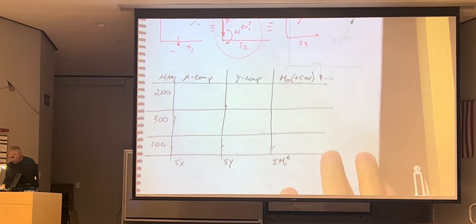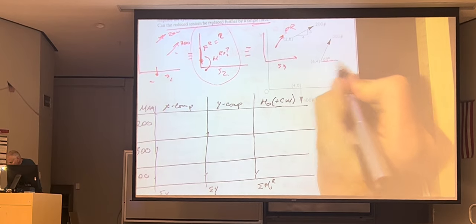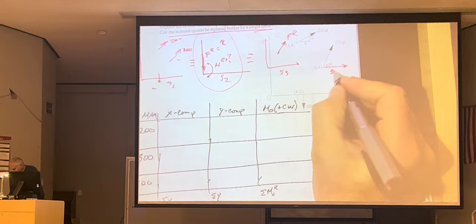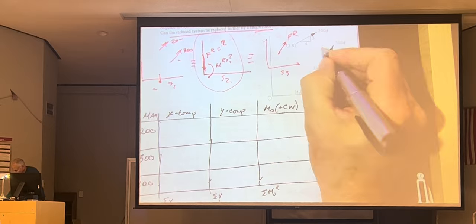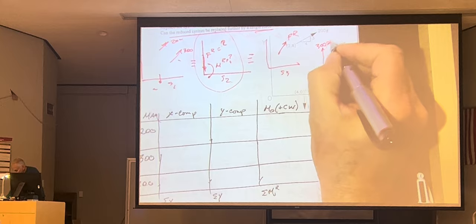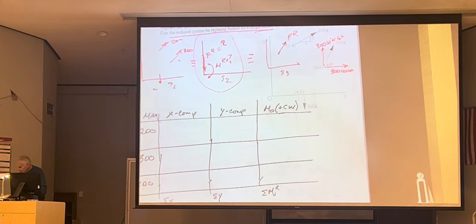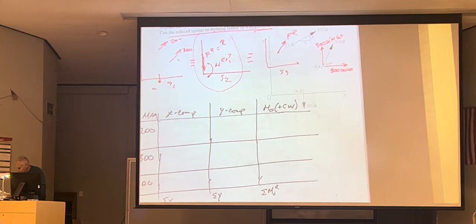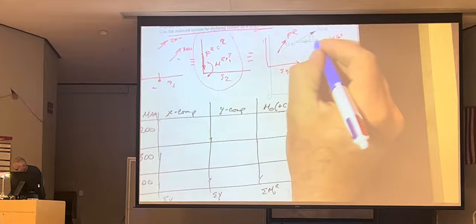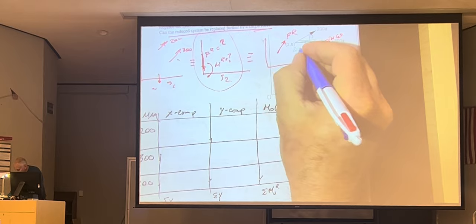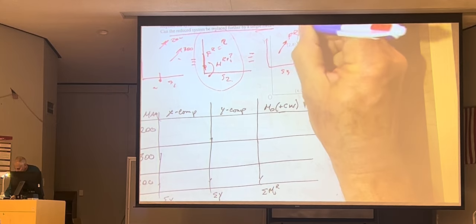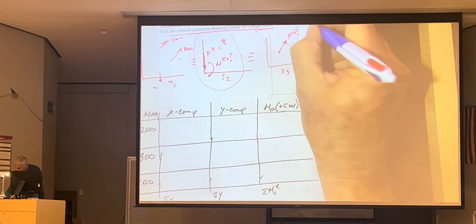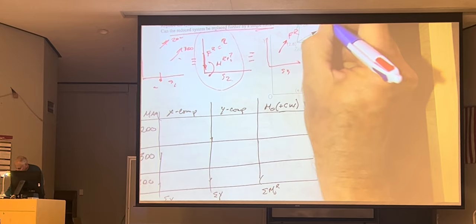These guys here are going to have components, 1 in the x, 300 cosine 60, and 300 sine 60. This guy over here is going to have a 200 times 4 over 5 x component, and a y component of 200 times 3 over 5.